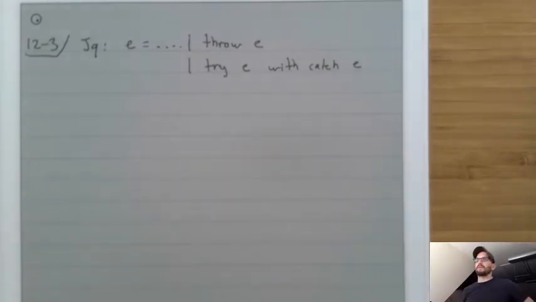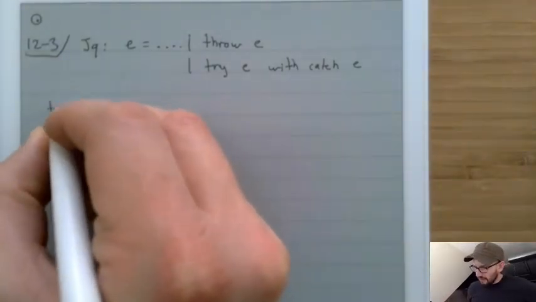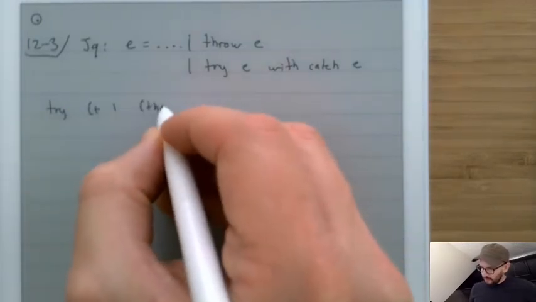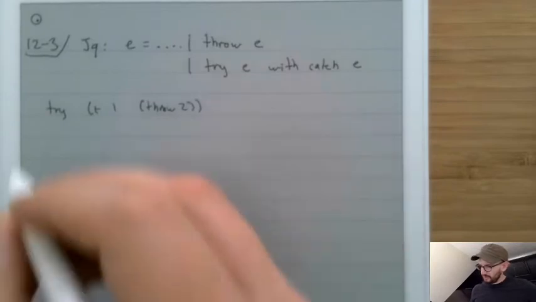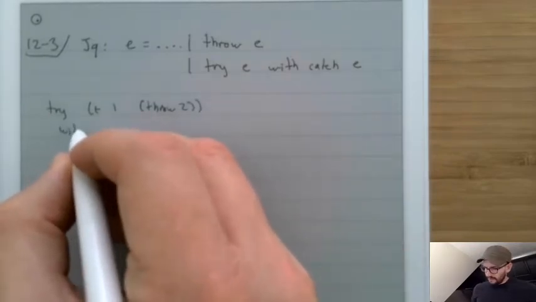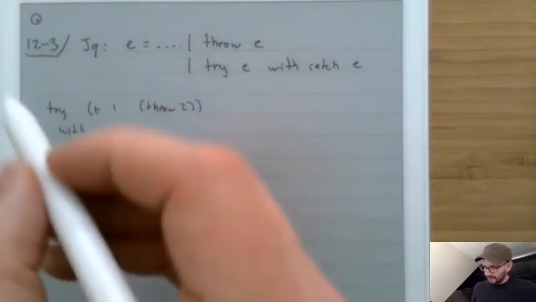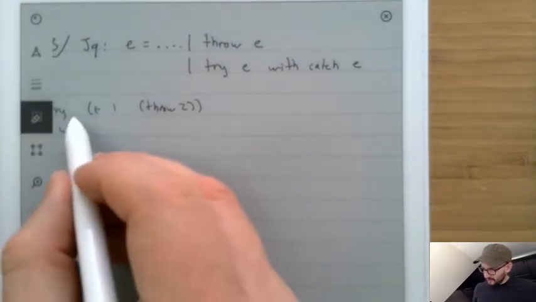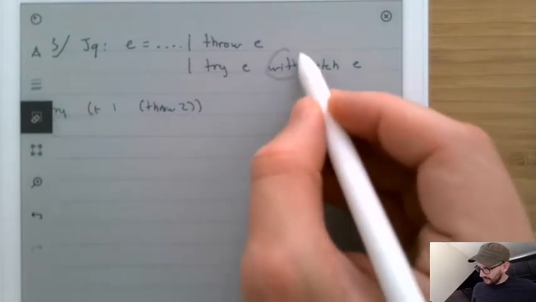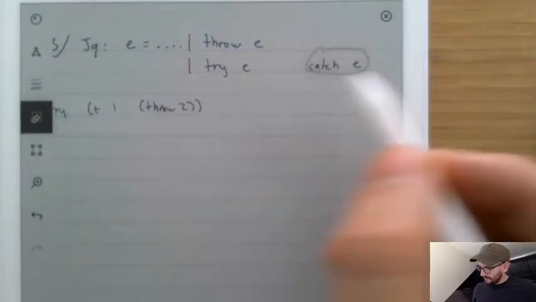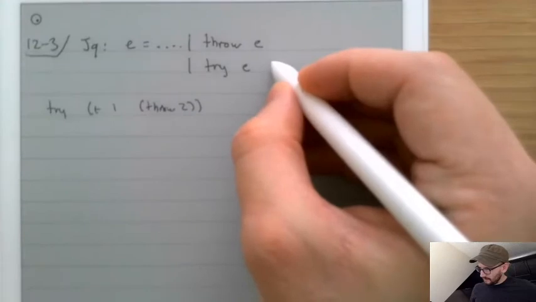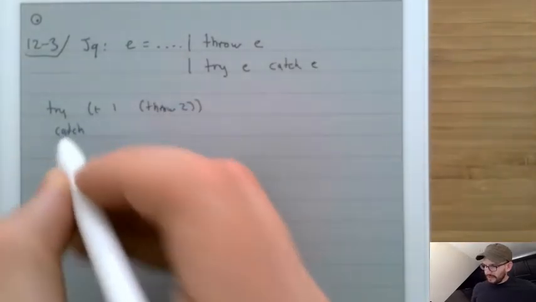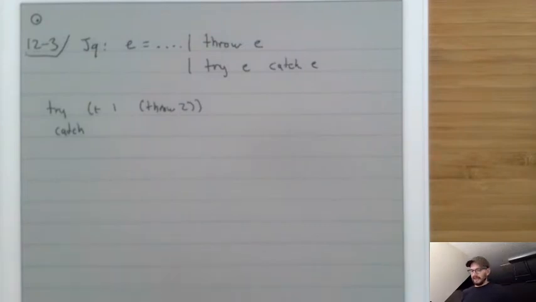Now here's an idea about how it works. If you wrote try +1 throw 2 with catch. Actually, I don't like writing with. Let's change that to just catch. Try E, catch E. Now catch is going to expect to get a lambda.